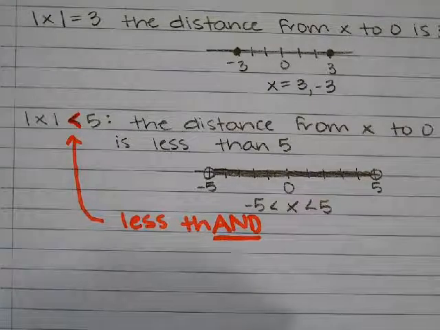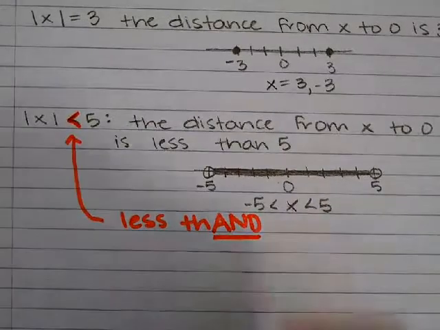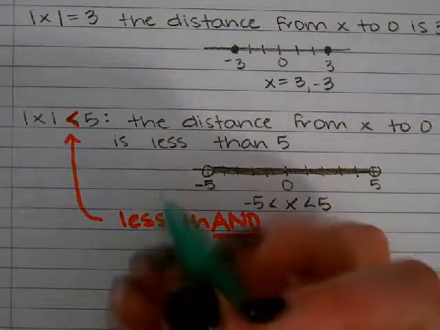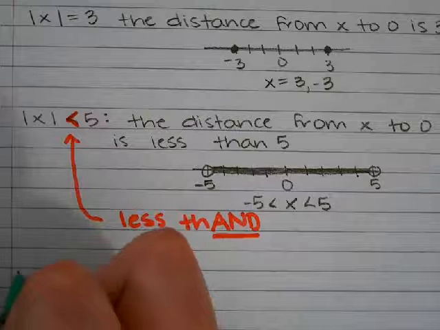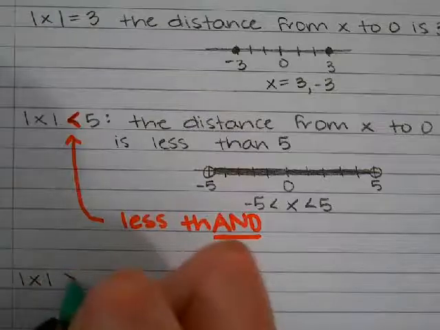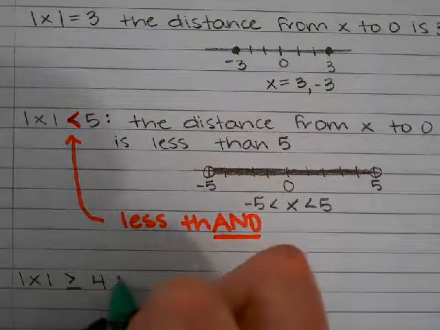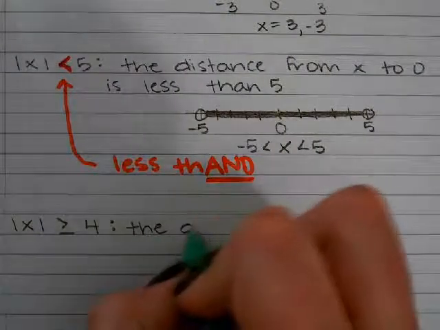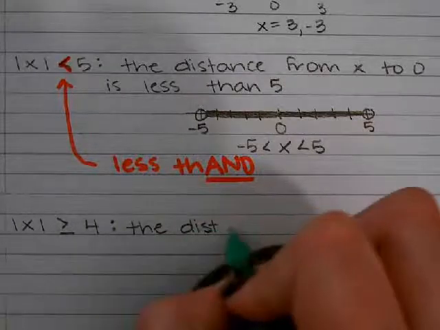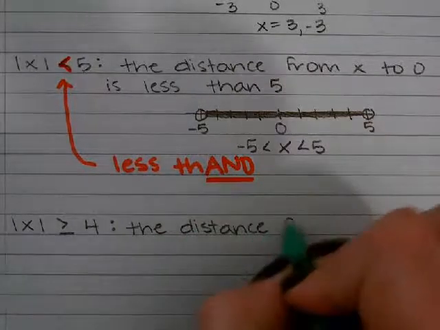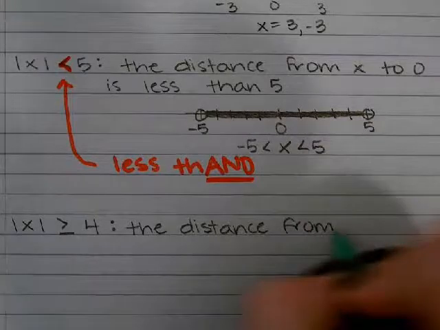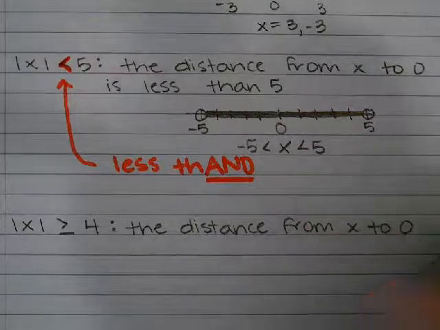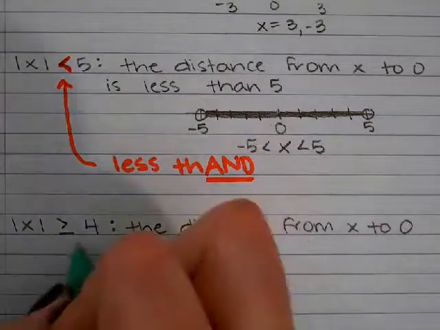Absolute value of x is greater than or equal to 4. Okay, so let's think about what this means. The distance from x to 0 is greater than or equal to 4.